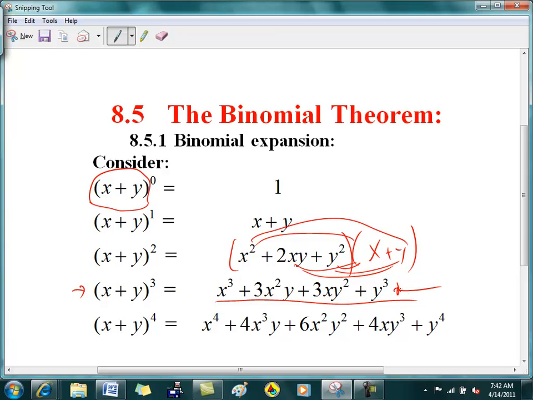For x plus y cubed, that's not too bad. It's doable. And then look what happens if it's x plus y to the 4th. You'd have to take this one and multiply it by x plus y, and then do the foiling again, and all that work. So today's topic is binomial theorem, binomial expansion, and Pascal's triangle.